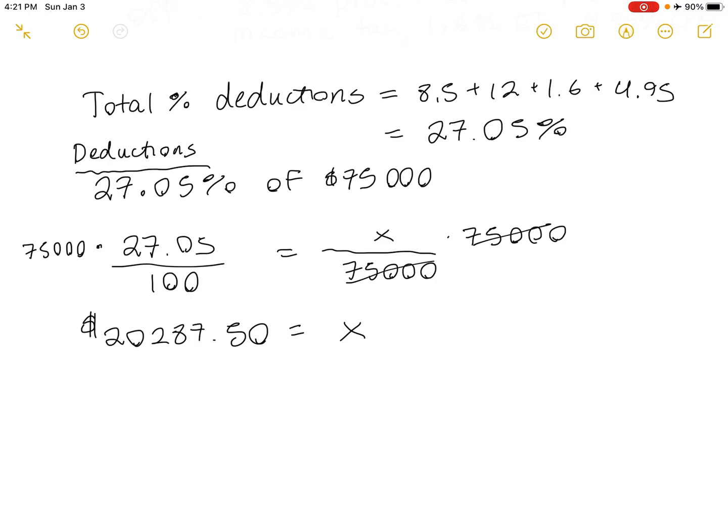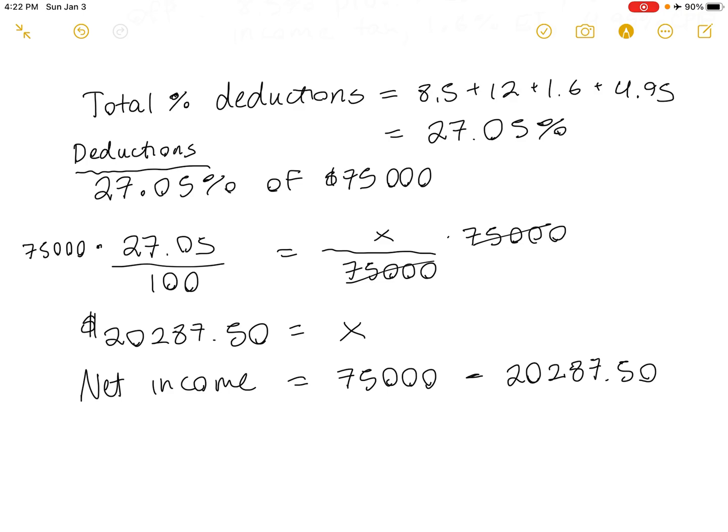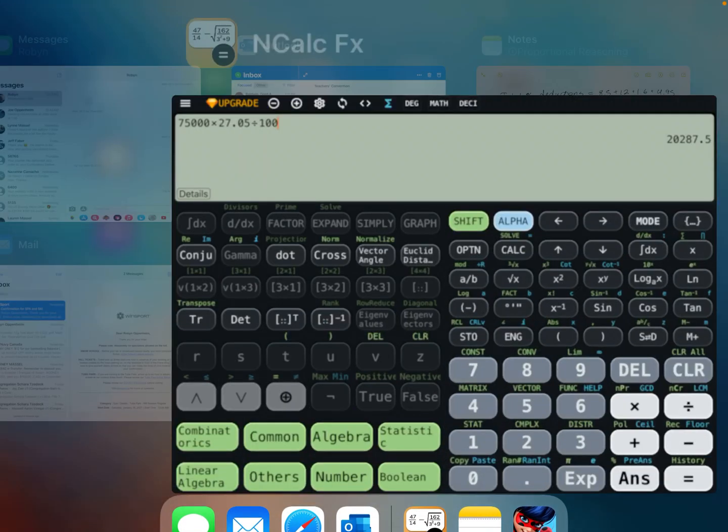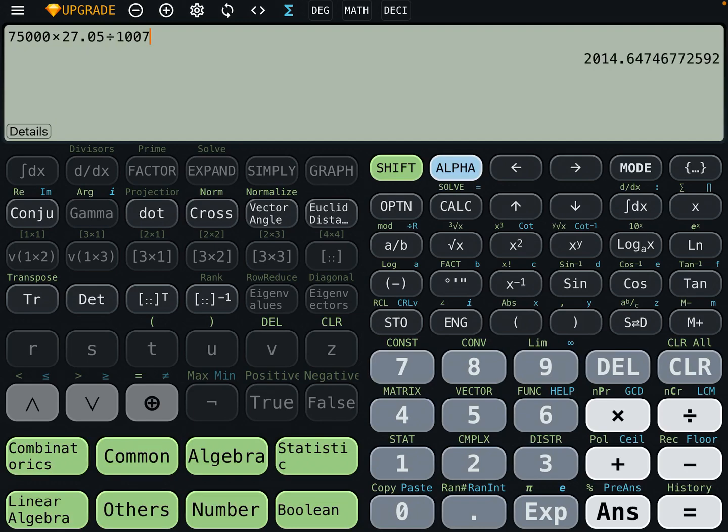Okay, those are your deductions. Okay, the question didn't ask about deductions though. The question asked about how much do you actually get to take home, your net income. Well, your net income is how much did you start off with? You started out with $75,000, your gross, minus how much is getting taken off, the deductions, 20,287.50. Okay, so let's figure out what that is. That is 75,000 minus 20,287.50.